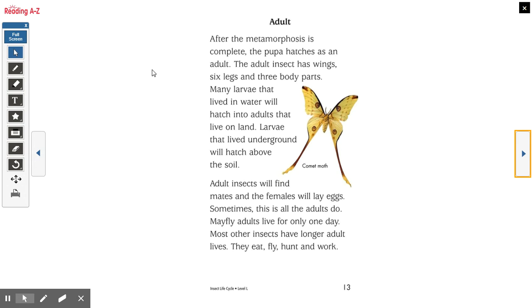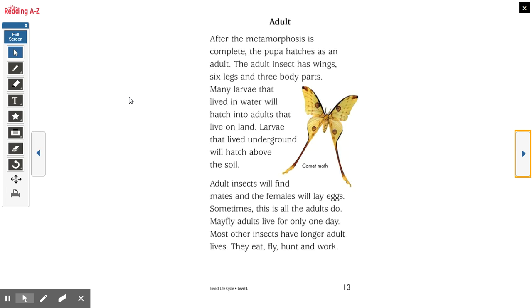Adult. After the metamorphosis is complete, the pupa hatches as an adult. The adult insect has wings, 6 legs, and 3 body parts. Many larvae that live in water will hatch into adults that live on land. Larvae that lived underground will hatch above the soil.